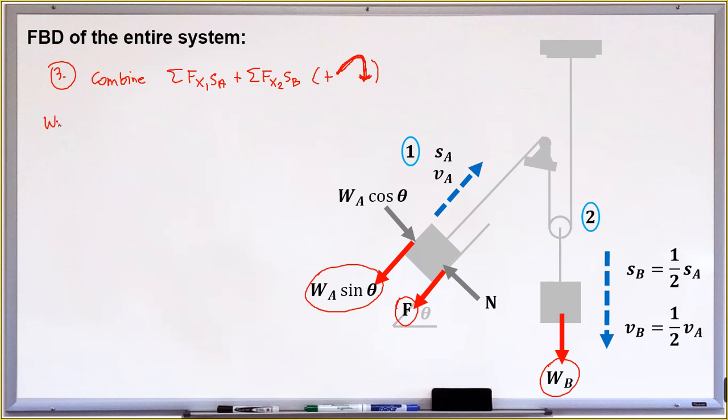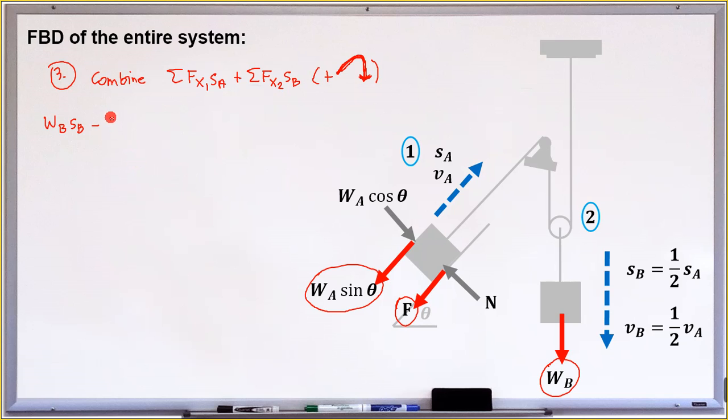So we have WB and then ato multiplyan sa iyahang displacement, SB, and then ato na siya i-minus nato sa kaning duha ka buok.